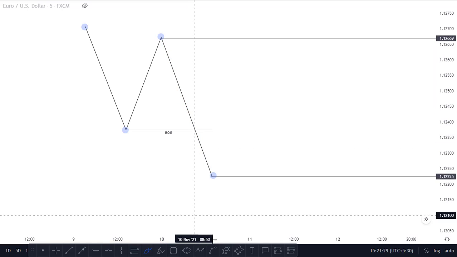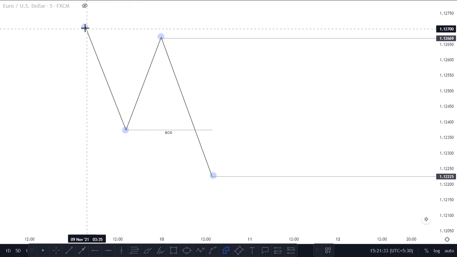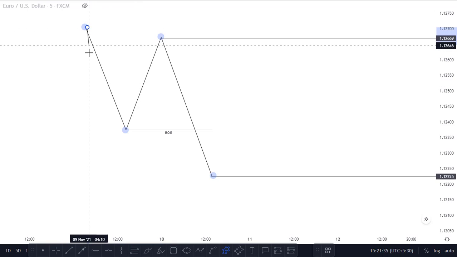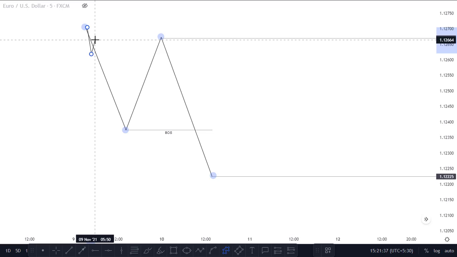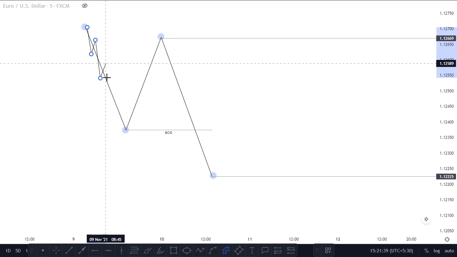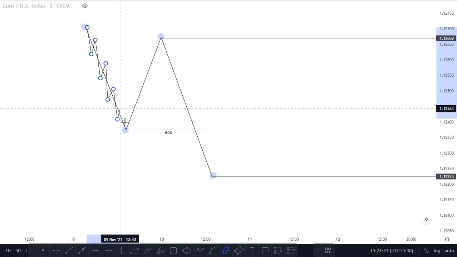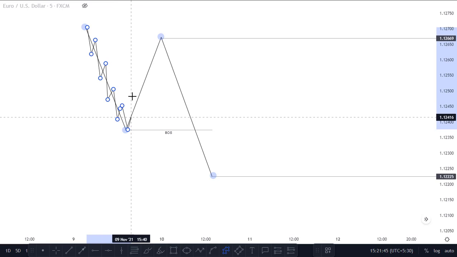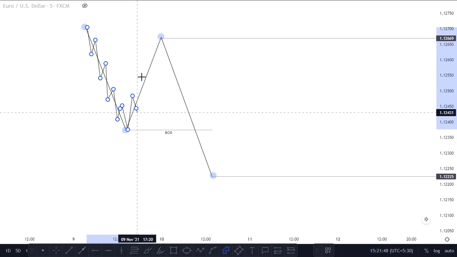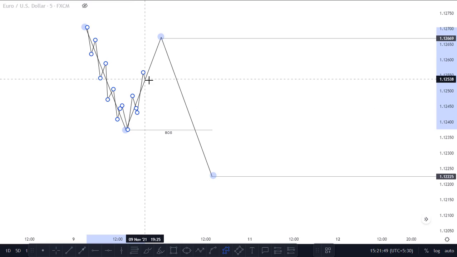Now, with that in mind, understand that from here, market will be creating a lower low, lower high, lower low, lower high, lower low, lower high, lower low, lower high, lower low, then higher high, higher low, higher high, higher low.